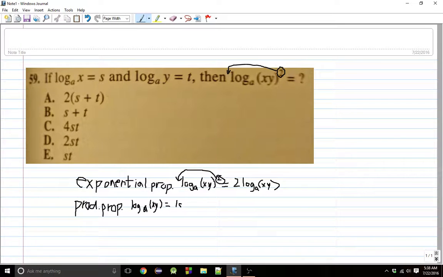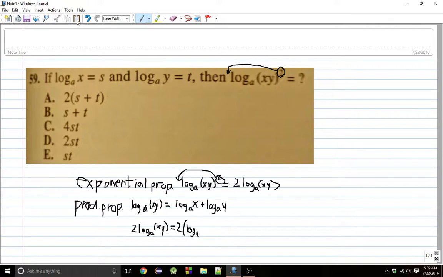Now remember, we're trying to find what 2 log a xy equals. And that's essentially 2 times log a to the x plus log a to the y.